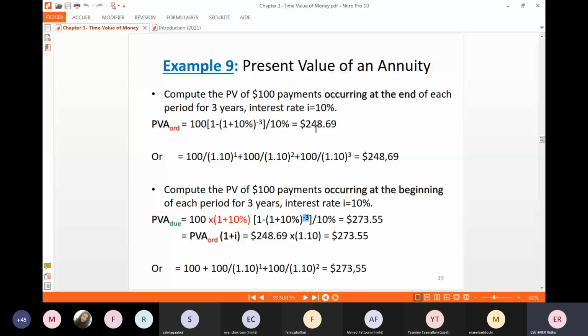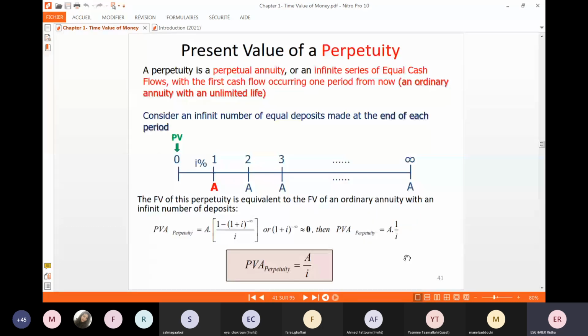Last thing to see here is when the annuity has an unlimited life. It means that we will receive the same amount at the end of each year indefinitely. We call it the perpetuity. Suppose that we will receive the same A at the end of each year forever.